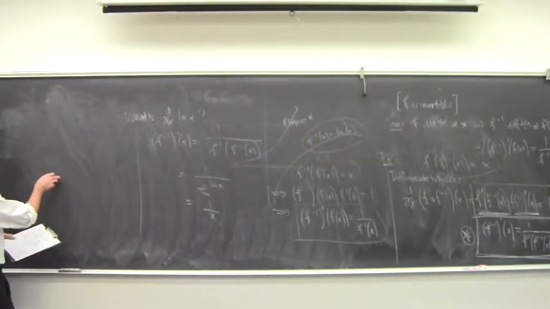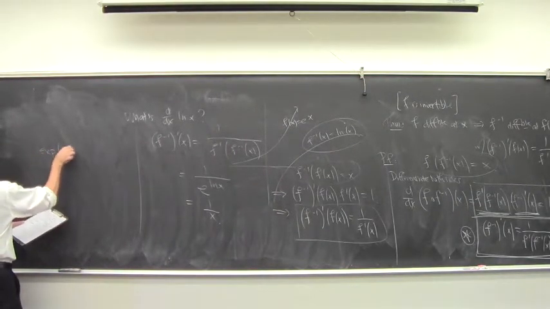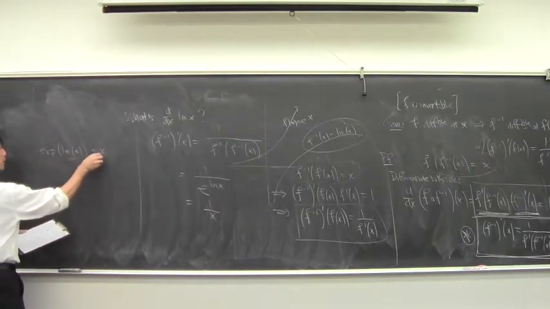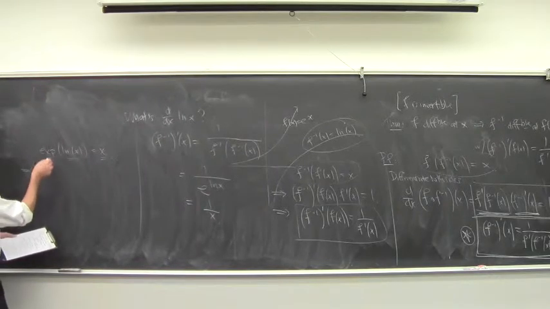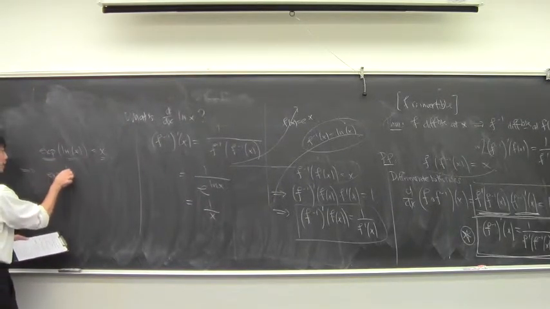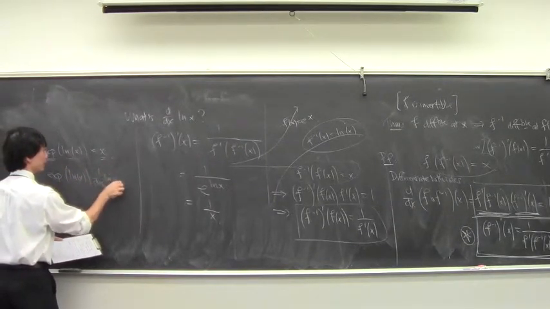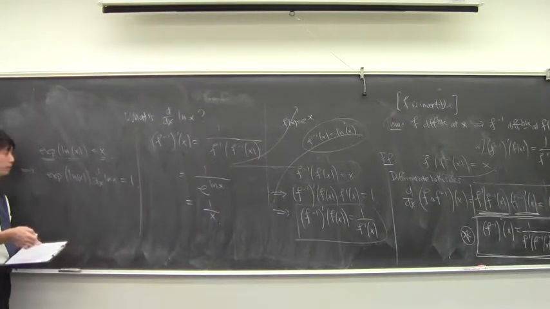So you can use the formula. Maybe even easier is to think like this: the exponential function of the natural log is x. They cancel each other off. So you differentiate both sides. You get the derivative of the outside guy evaluated at the inside guy times the derivative of the inside guy, and then 1 on the other side.